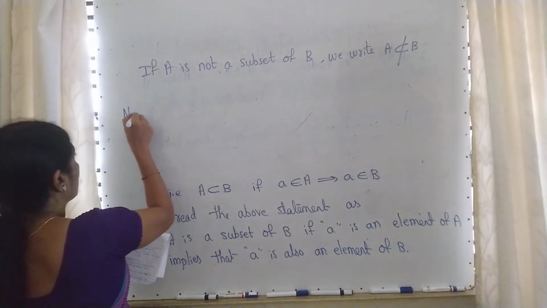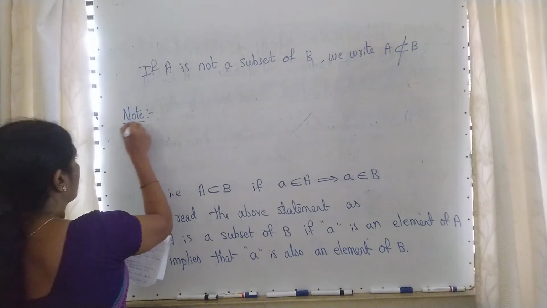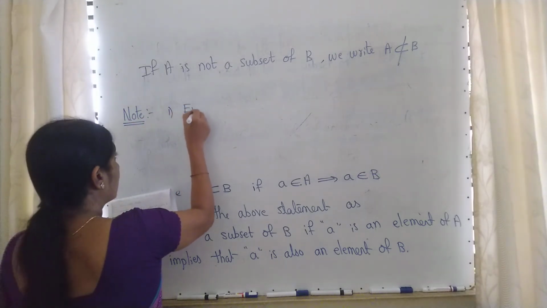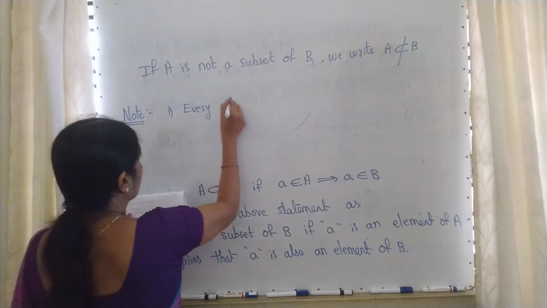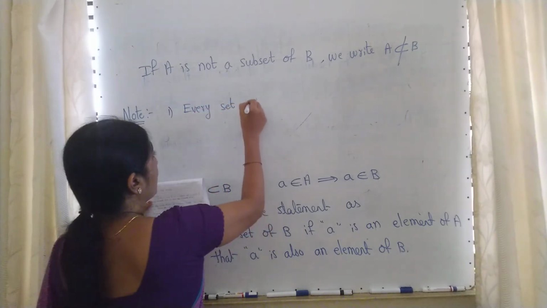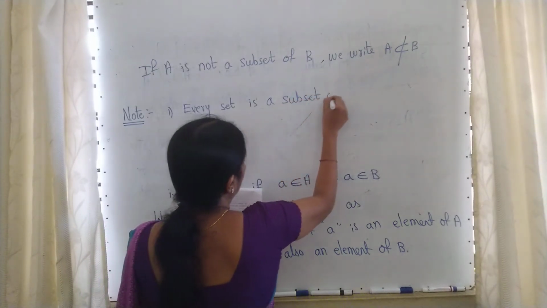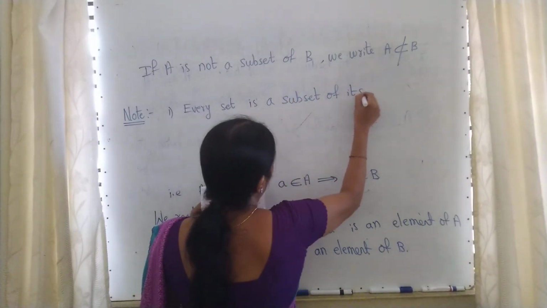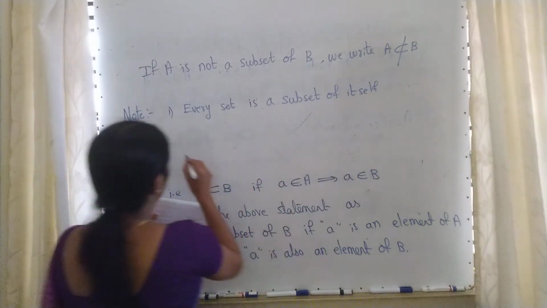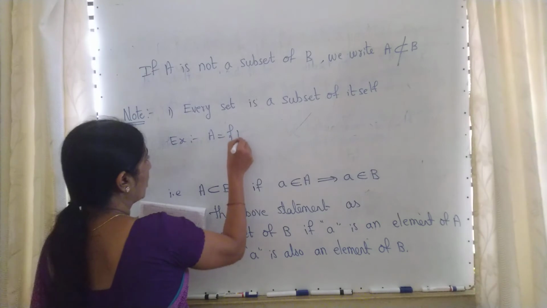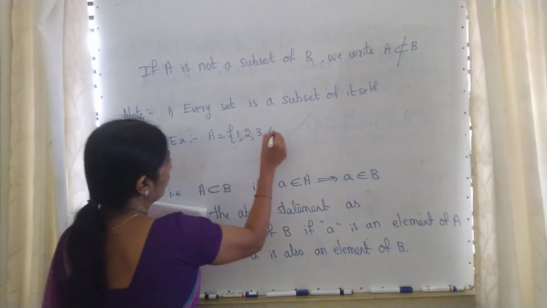And write down the important notes, that is very important. First one: every set is a subset of itself. See here, I am giving you an example also, don't worry. Here the set A, I am writing 1, 2, 3, 4.